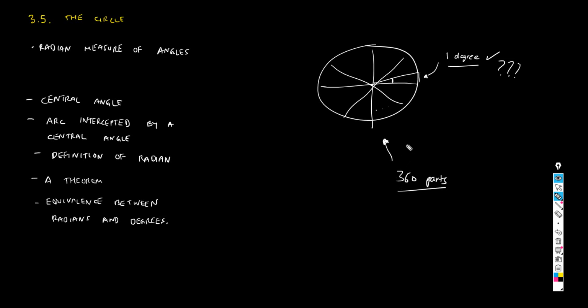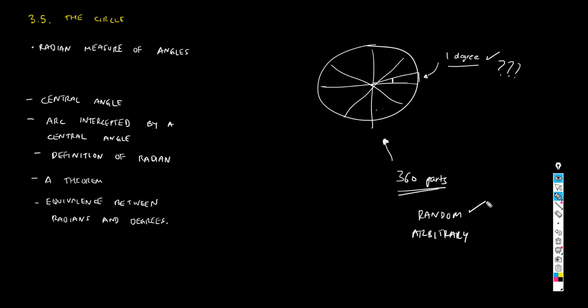Some people can ask, why 360 parts? Why not more, or why not less? Why did people think that 360 parts was the ideal? Because it looks kind of random or arbitrary to divide the circle into 360 parts and call each one of those parts 1 degree in regards to the measurement of the angle.